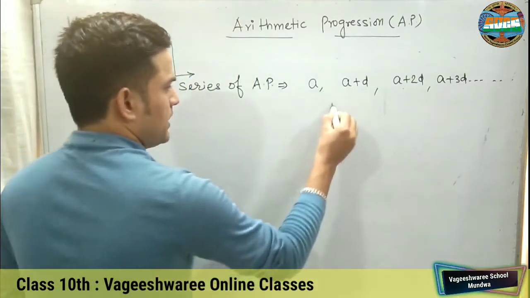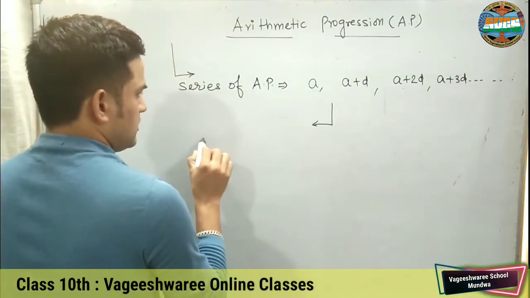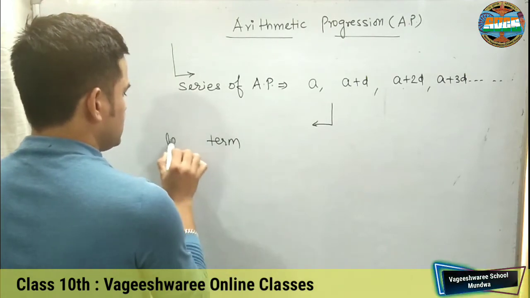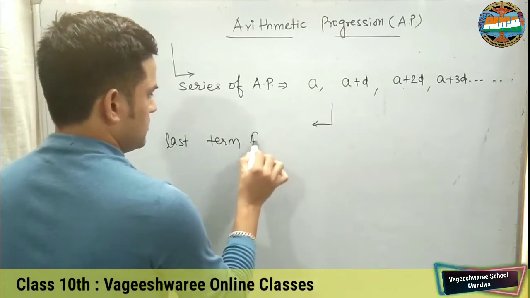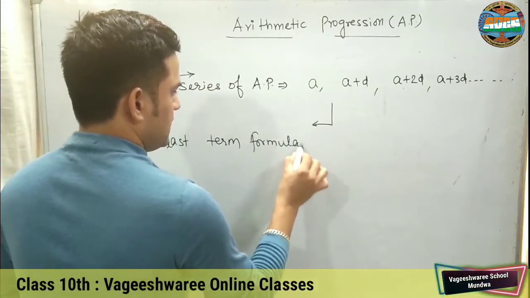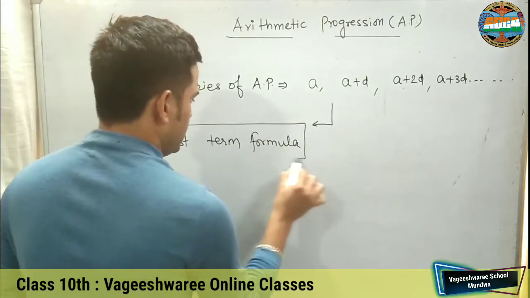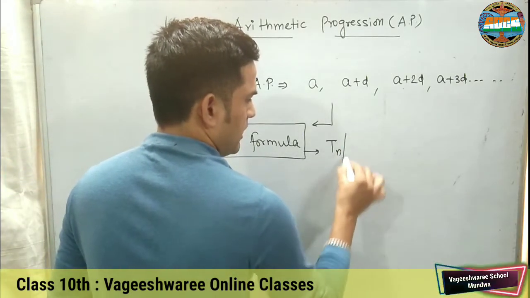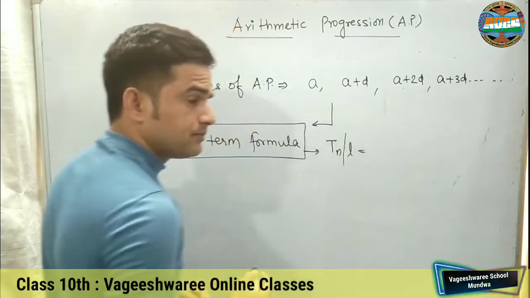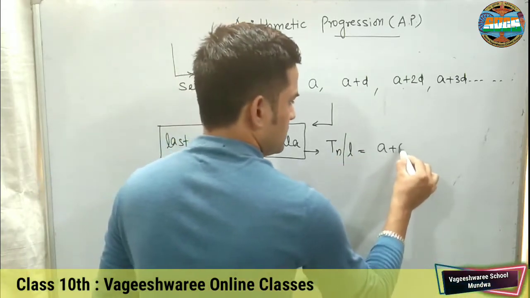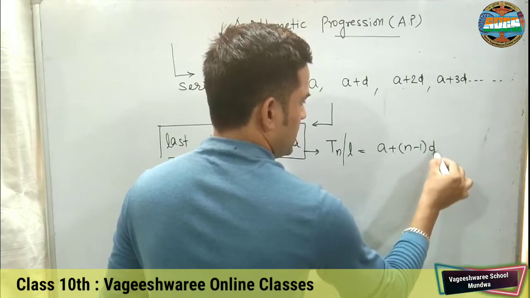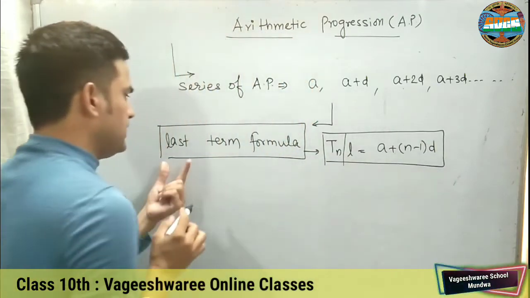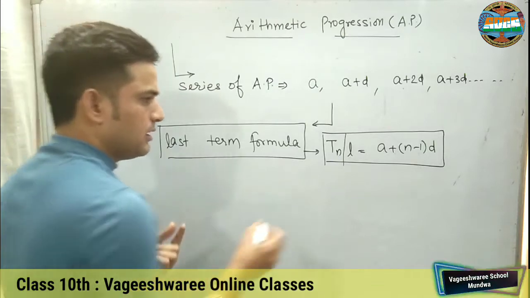This formula is obtained from the last term formula. The last term of any AP, the formula is Tn, or we can say L, equals A plus n minus 1 multiplied by D. This is the formula for finding the last term of AP.